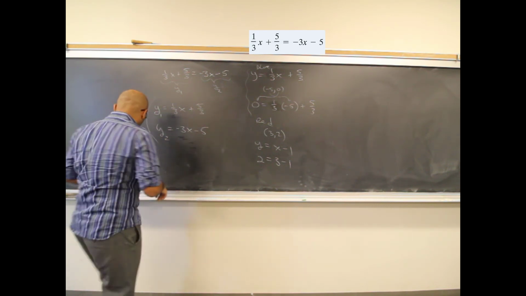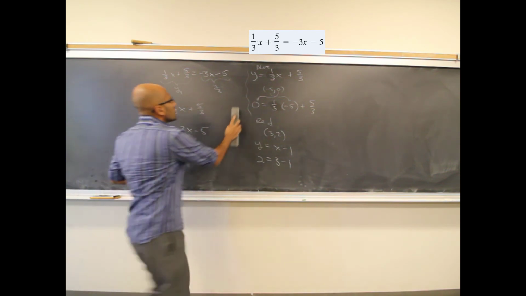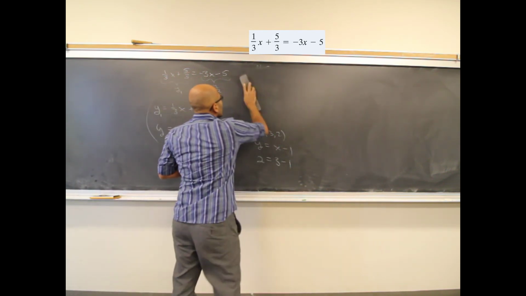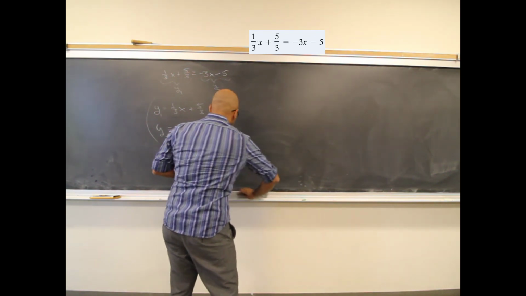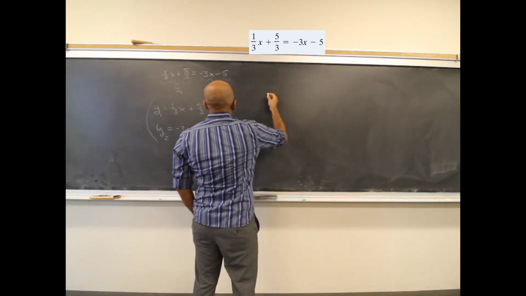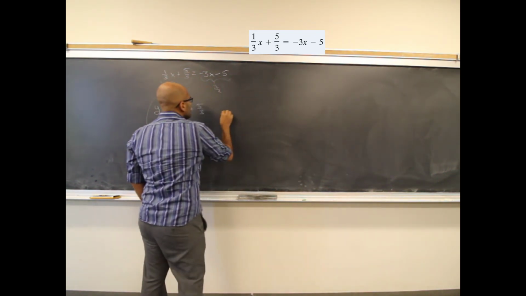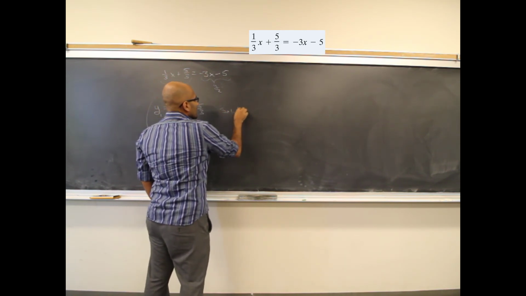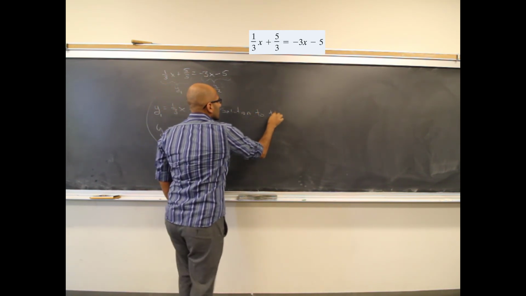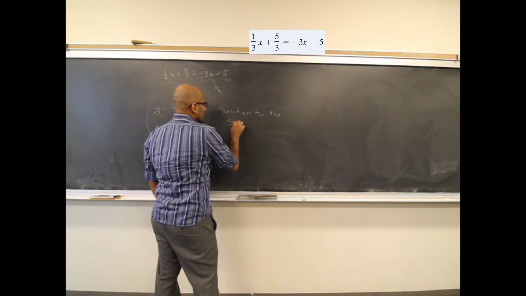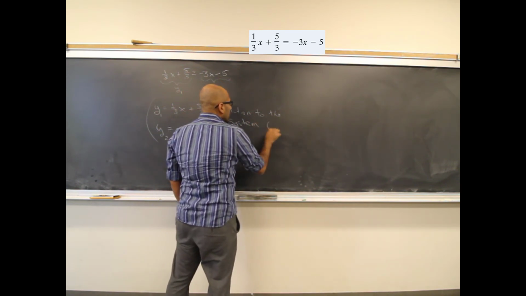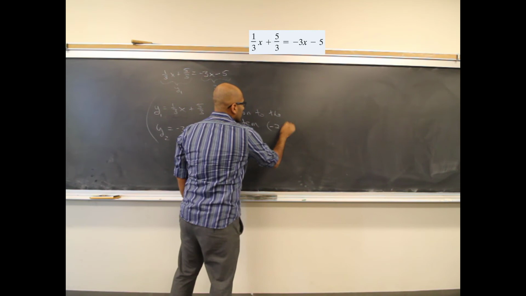That's a solution to both of them. That's where they cross. It's the solution to the system. So from my picture over there, I can tell that the solution to this system is the point -2, comma 1.